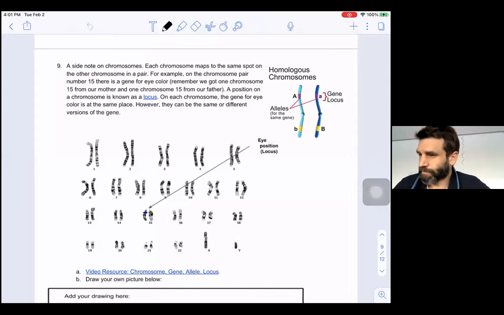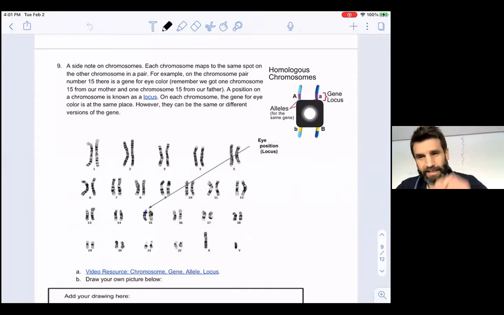We specifically started with this karyotype showing the pairs of chromosomes, and then this blown up version showing gene locus. The same spot on each chromosome has a given gene.